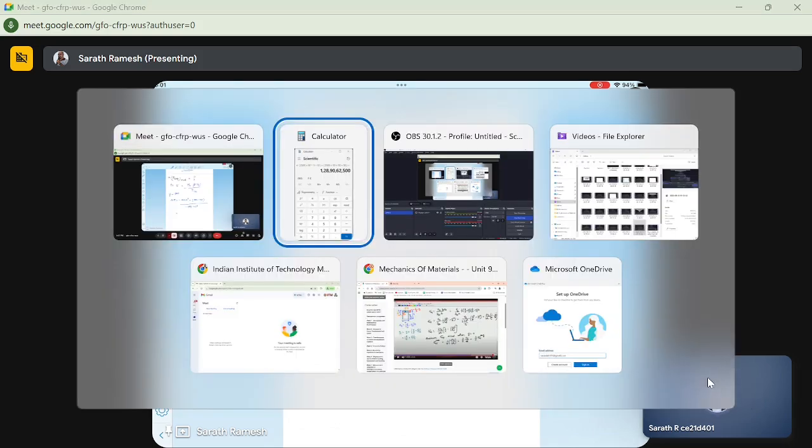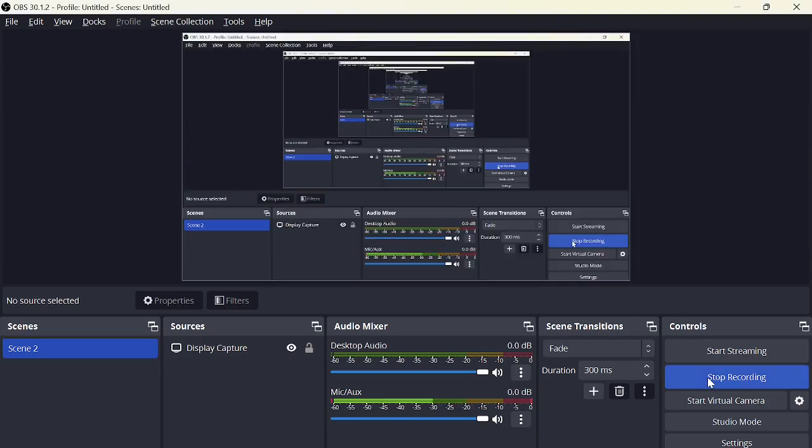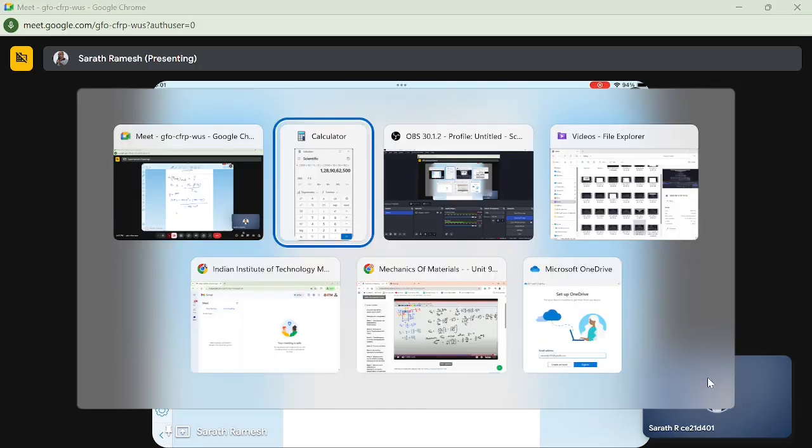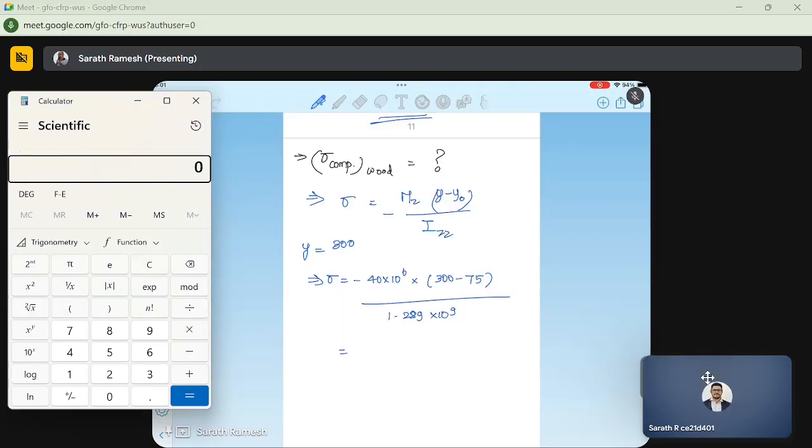So this gives us 40 into 10 to the power 6 into 300 minus 75, which is 225, divided by 1.289 into 10 to the power 9.